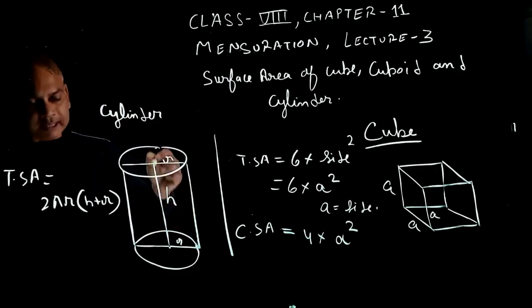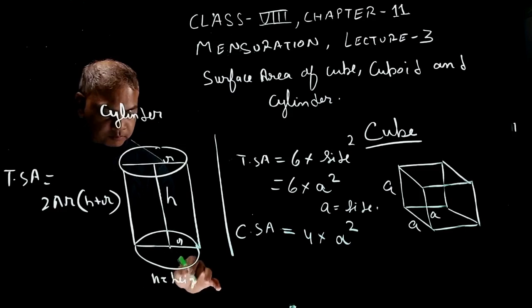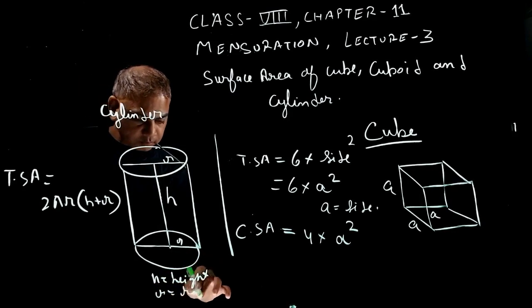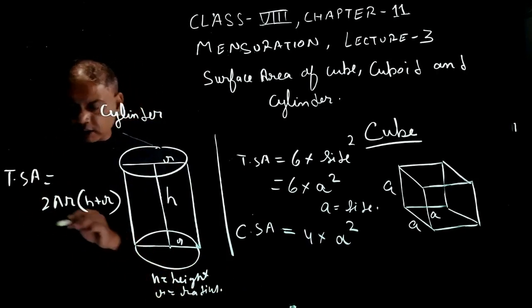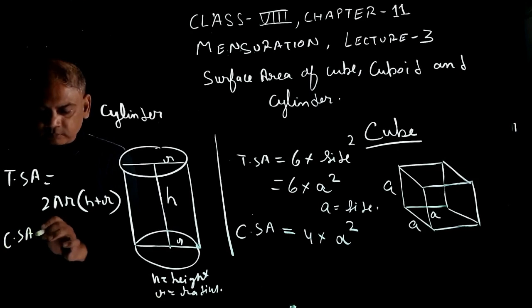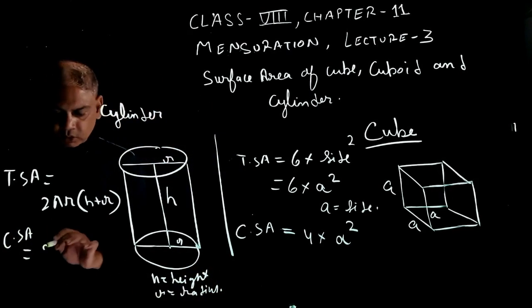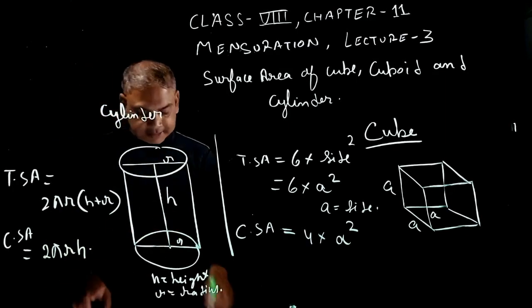Okay, height of the cylinder, h is equal to height and r is equal to radius. Okay, total surface area. Now curved surface area, it is given by 2 pi rh, r radius, h height.